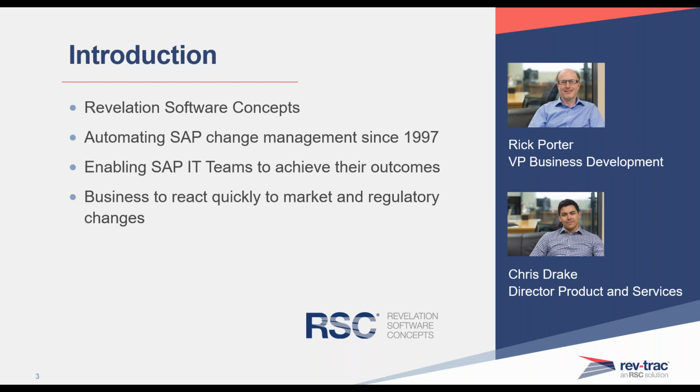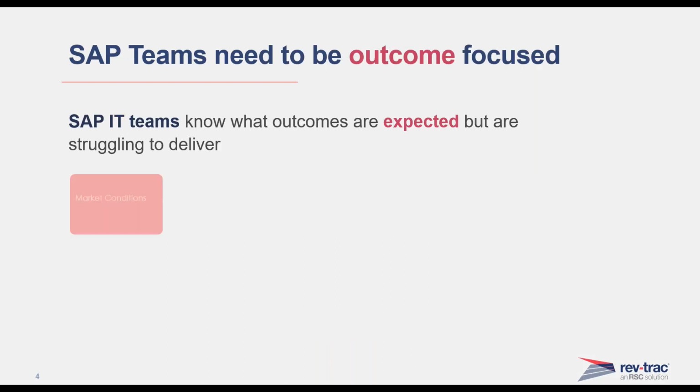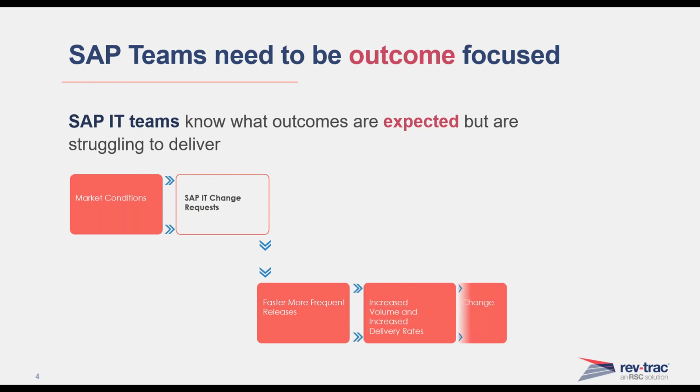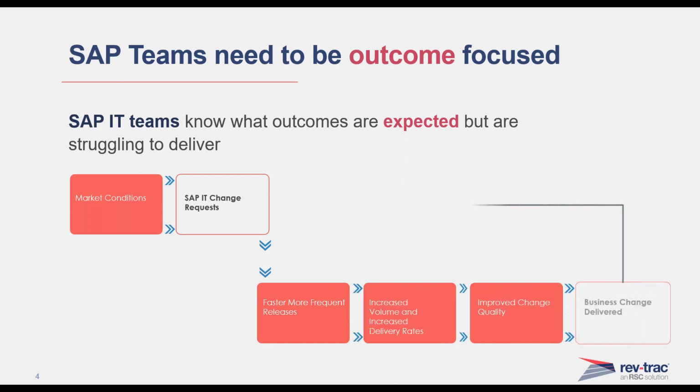Our goal really is to enable SAP IT teams to achieve a range of different outcomes so that they can serve their businesses well, and react to market and regulatory changes very quickly. But what are some of the things that the SAP IT teams need to do? Well, they need to be outcome focused. These are the kinds of outcomes that SAP IT teams need to deliver.